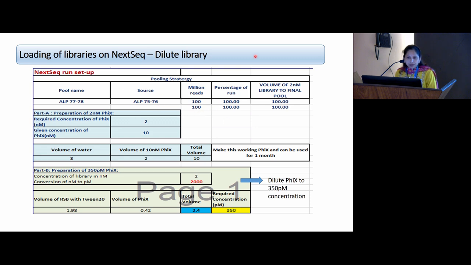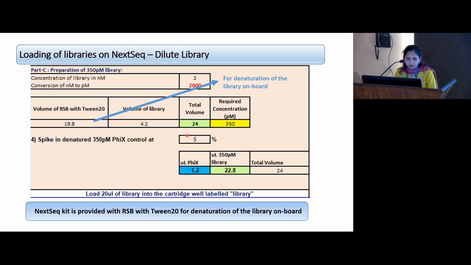This is an example of the NextSeq loading sheet, wherein we are converting our library to 2 nanomolar, and further diluting it to 350 picomolar. In the NextSeq, the denaturation of the library happens inside the cartridge using RSB with Tween 20 buffer.